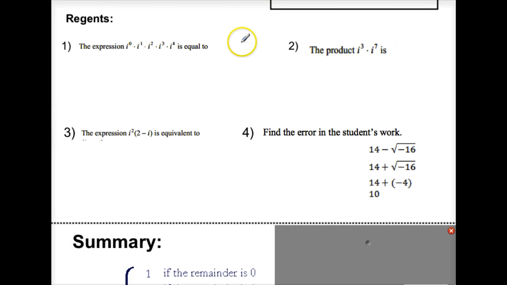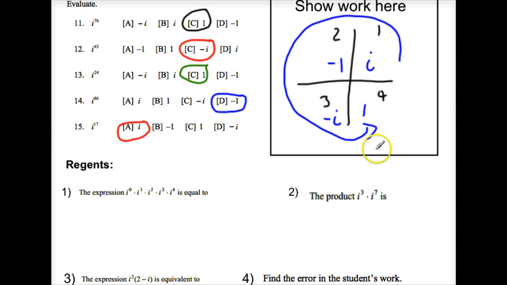All right, moving on. The expression i to the 0 times i to the first times i to the second times i to the third times i to the fourth is equal to what? So again, I'm going to come back to my little graph here. Anything to the 0 power is 1, times i to the first power is i, times i to the second power is negative 1, times i to the third power is negative i, times i to the fourth power is 1.